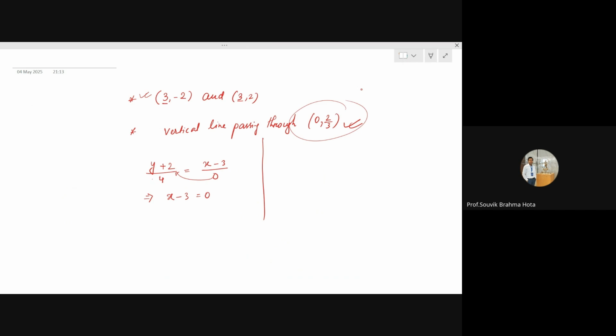It is the vertical line it is saying. And you know what is the condition for being a vertical line. Directly you can, because it is passing through one point only, it is saying na. And vertical line, you know the concept, which becomes 0.